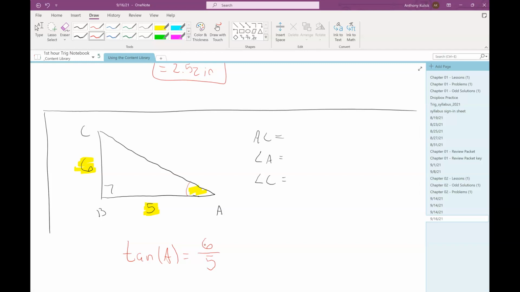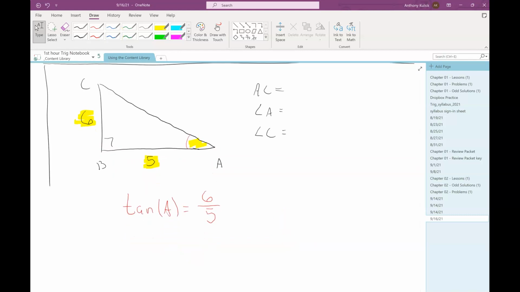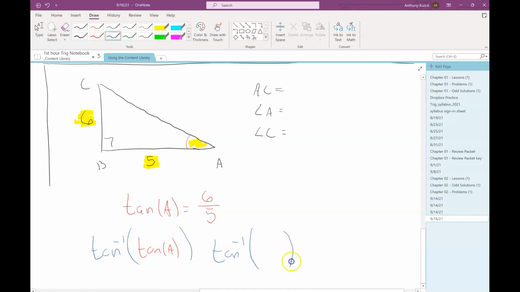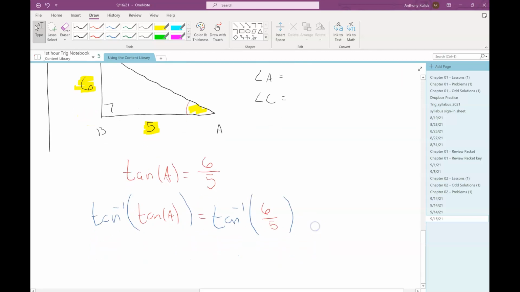Now if we're solving for angle A, we need to get rid of that tangent out in front. How do we get rid of the tangent? We use tangent inverse, right? If we're solving for an angle, you're always going to be using the inverse trig function at some point. If you're looking for a side length, you'll just be using the regular ones.